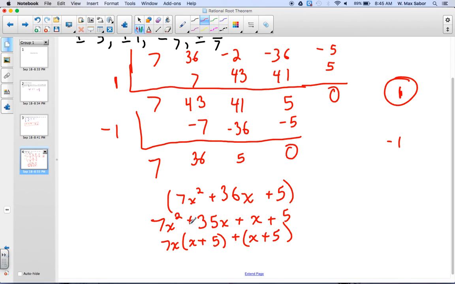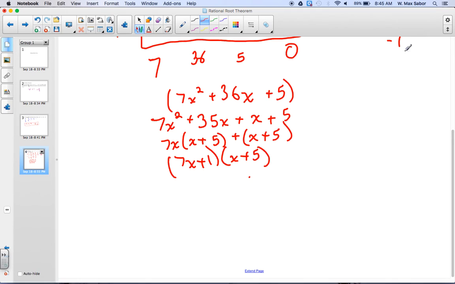We factor by grouping, and we get 7x plus 1 times x plus 5. Or we could have done the quadratic formula if we wanted, or completing the square. But now we have our zeros.